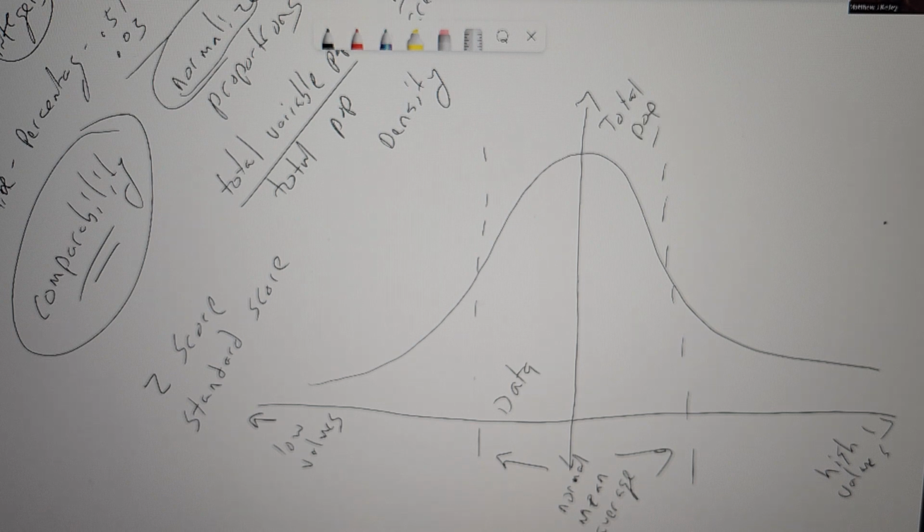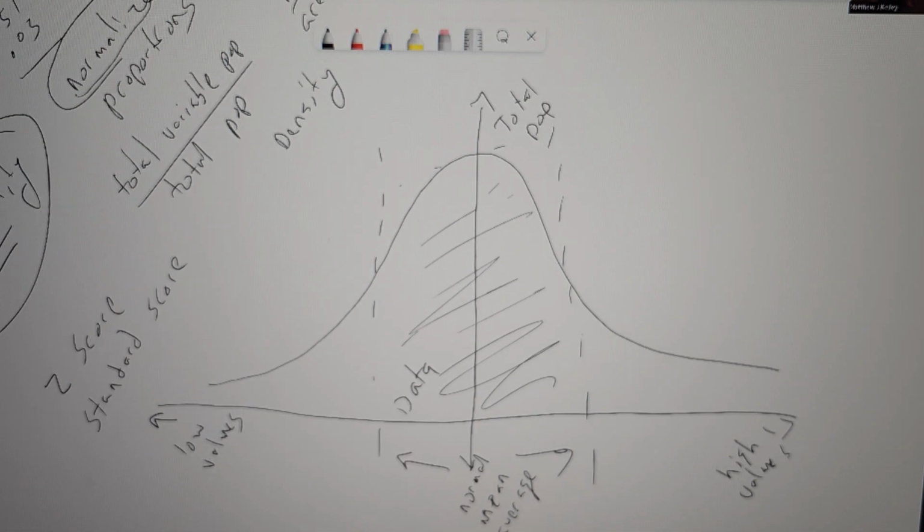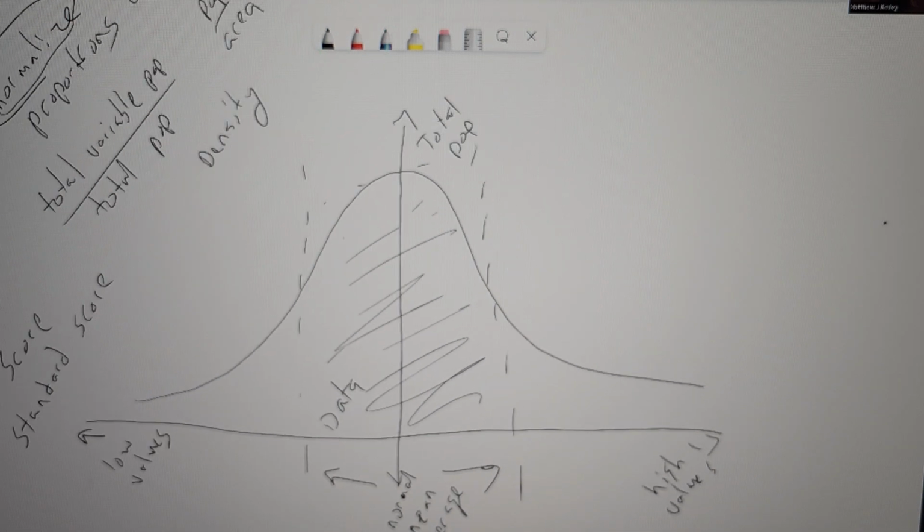So how many people populate this curve? Well, most people tend to fit inside of an area called normal, called average. We can measure that area of normal using some basic statistics, and those basic statistics are standard scores.